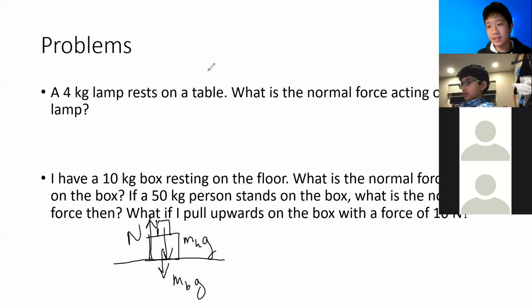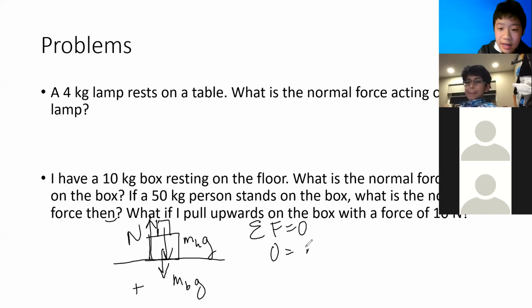Basically, this is still at rest, so I have no net force. My net force is still going to be 0. Now if I establish a positive and a negative here, since mbg is pointing down, that will be positive. mhg is also positive. And then I have a normal force pulling up, which is going to be negative.